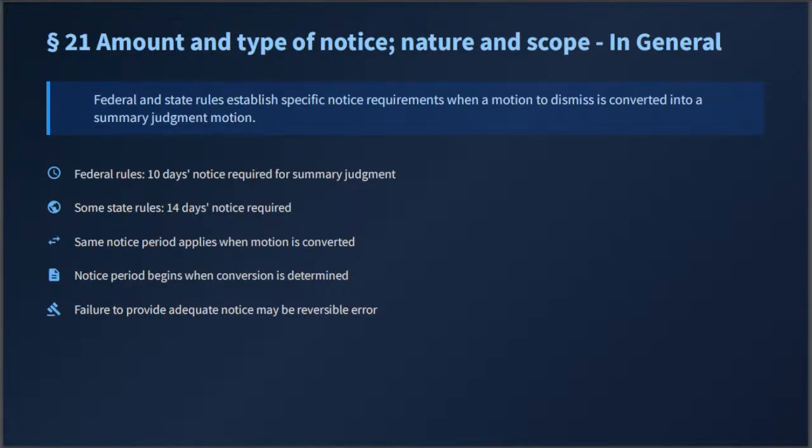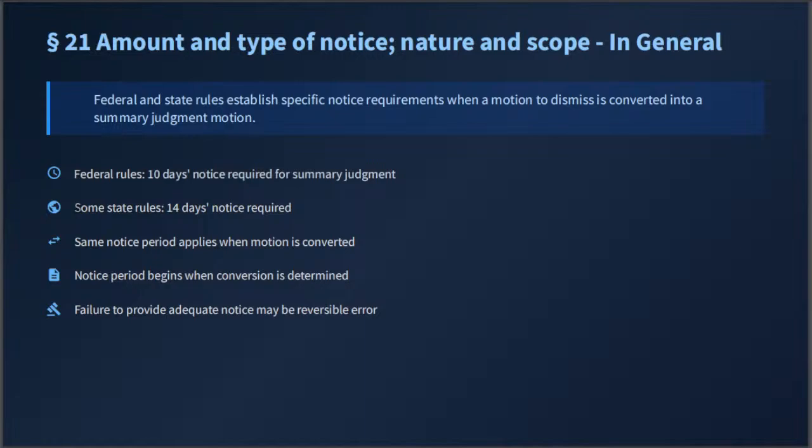All right, we're on to section 21, the amount and type of notice, the nature and scope in general. Federal and state rules establish specific notice requirements when a motion to dismiss is converted into a summary judgment motion. Okay, here we are again. The federal rules, 10 days notice required for the summary judgment, same as before.